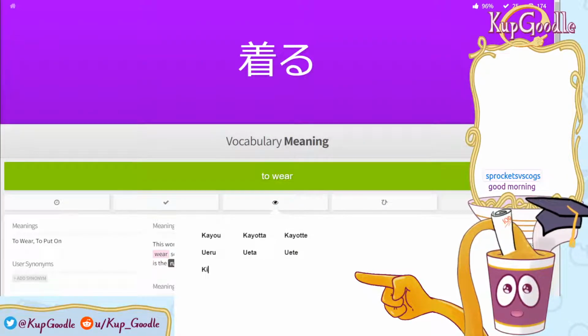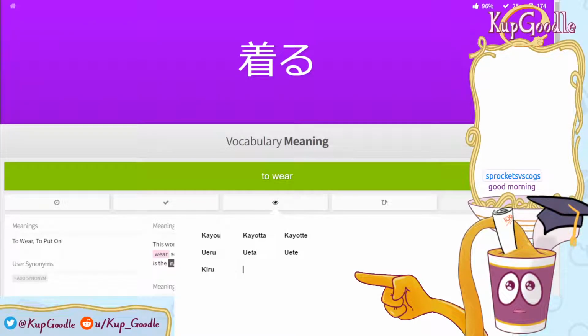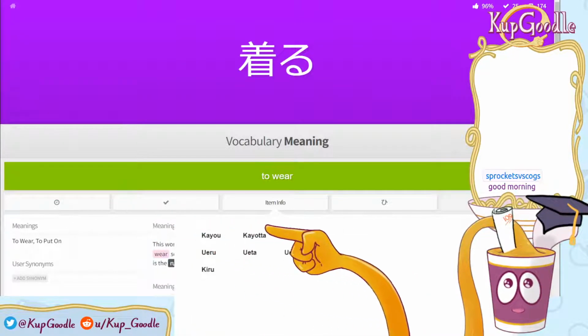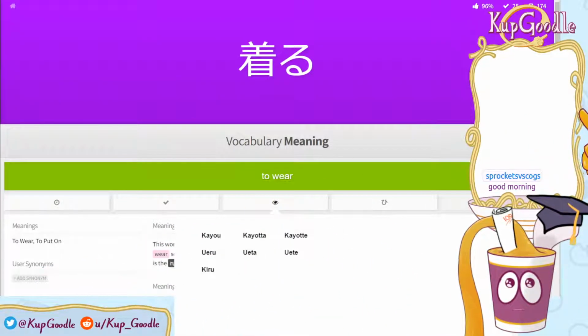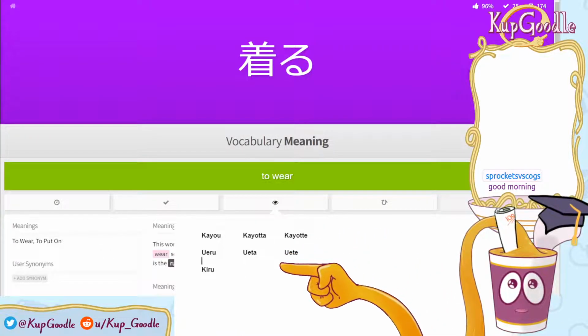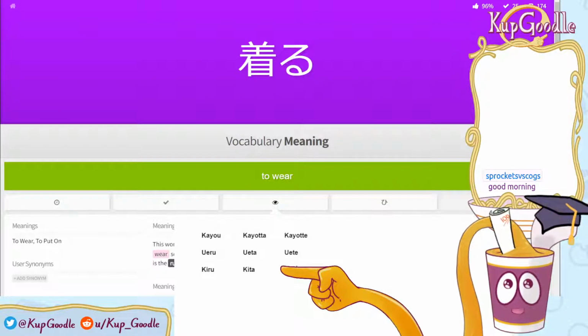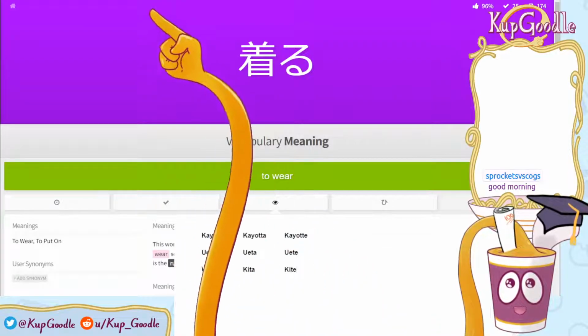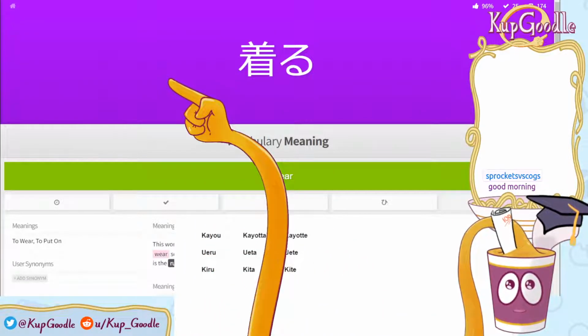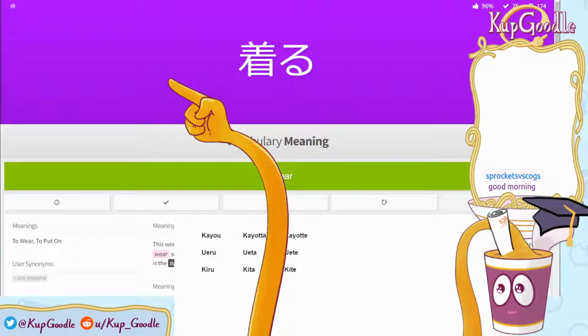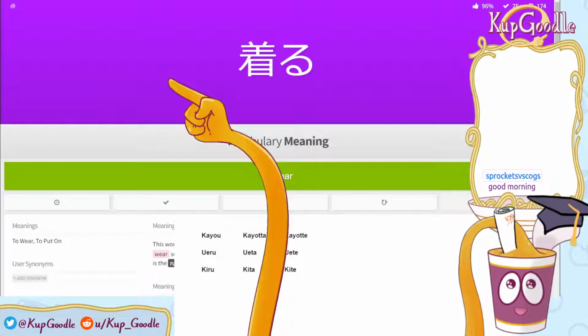So, kiru, to wear, to put on, yeah. So, kiru, kita, kite. Simple as that. I wear it, kiru. I wore it, kita. And I am wearing it, kiteiru.